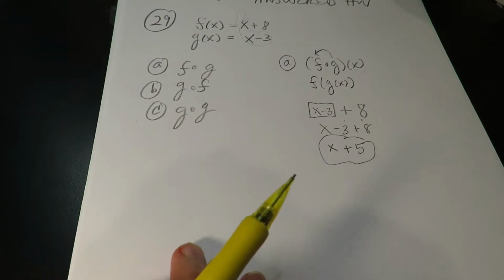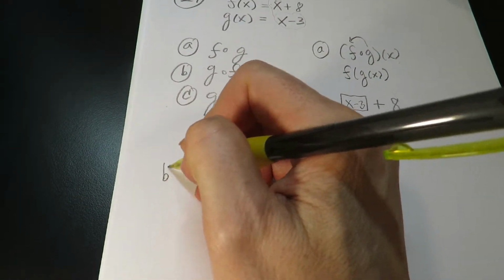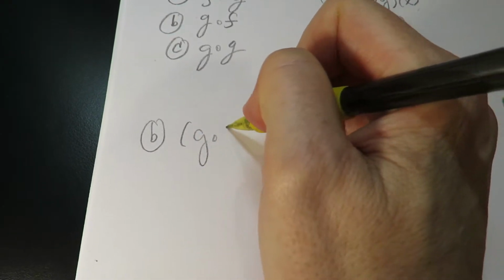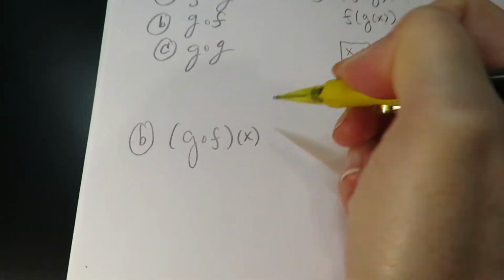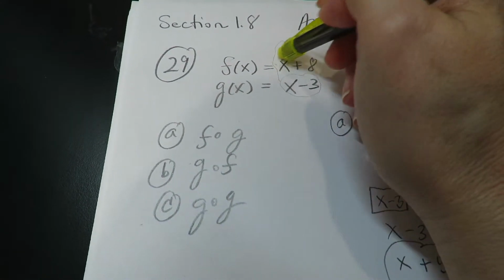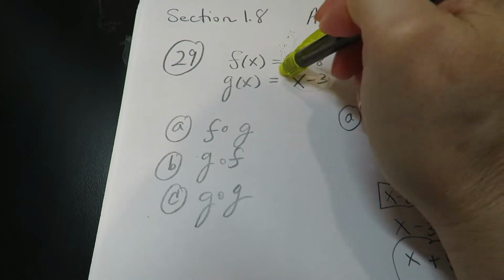All right, let's do B. Now, B, they're asking for G composite F. All right, so let me just take a moment here just to erase my little things that I had put here.